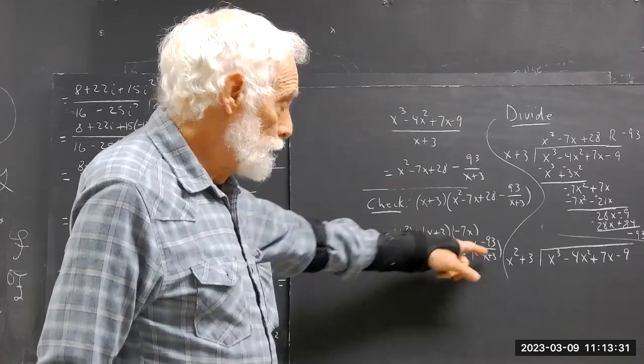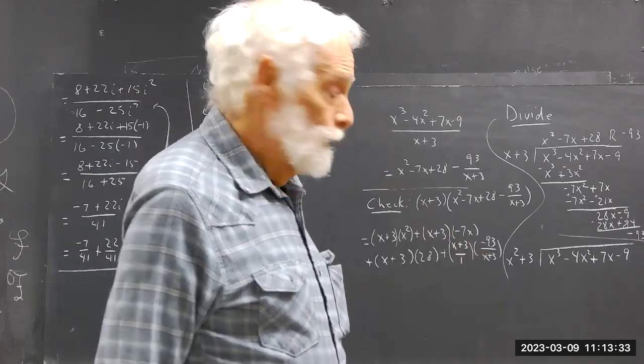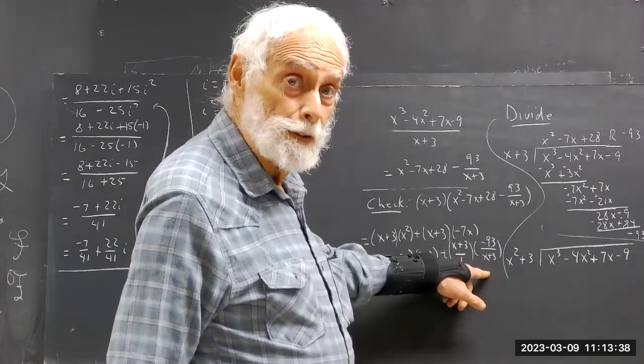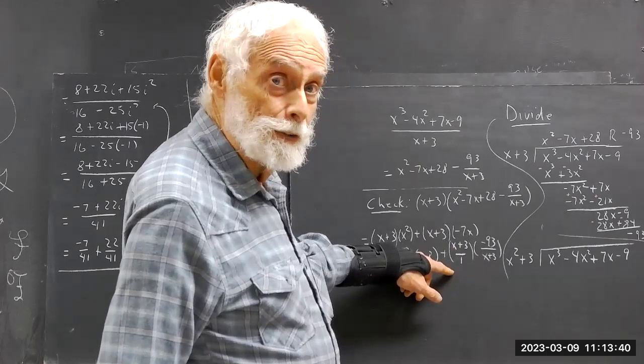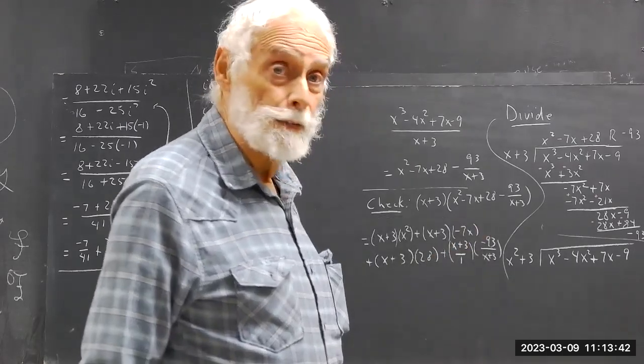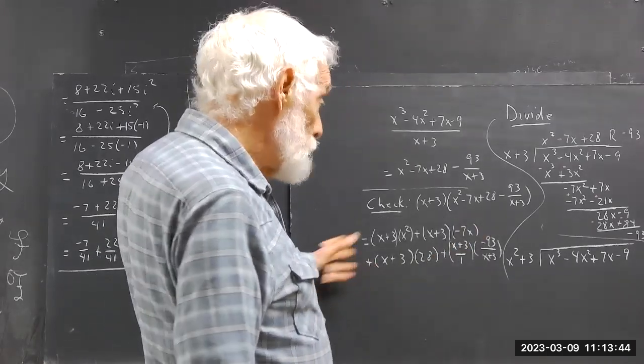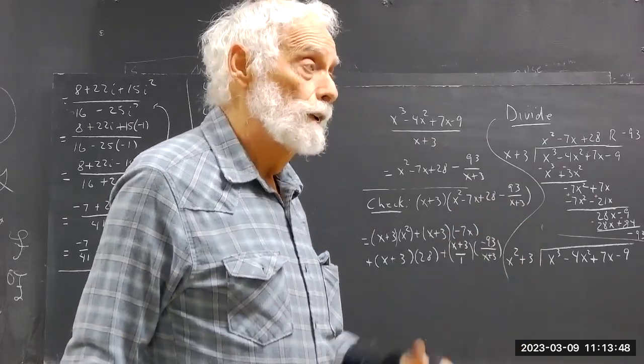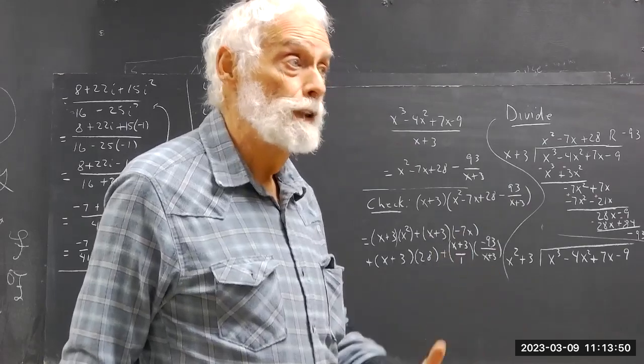I'm going to write it like this to make sure we understand that if I then change the order of multiplication of the denominators, x plus 3 matches up with x plus 3, and I'm left with negative 93. If you skip this step, you never see that. And there are going to be extra steps at the end that you might easily miss.